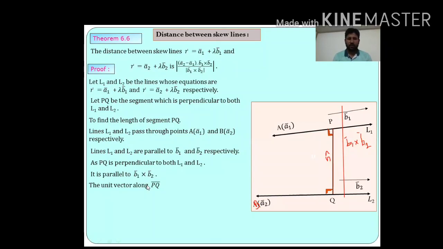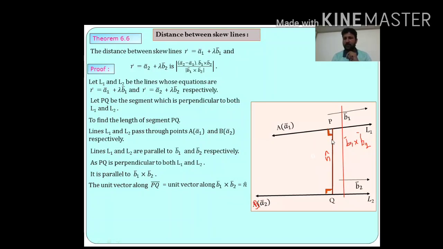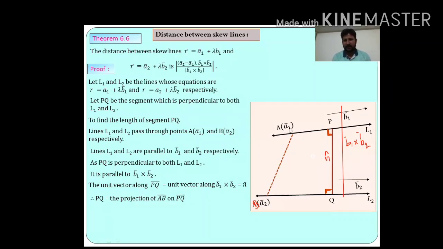The unit vector along PQ bar, that is the unit vector along B1 bar cross B2 bar, is equal to n cap. To get the length of PQ, we apply the concept of projection. The projection of vector AB bar on PQ gives the length of PQ.